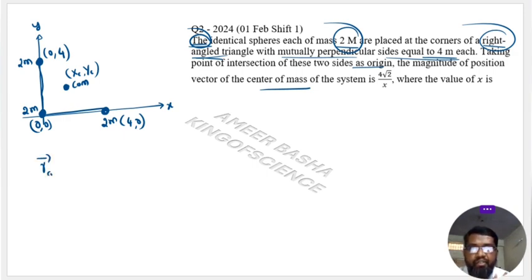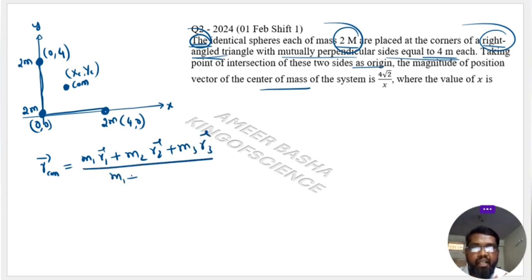The standard definition is simply (m1r1 + m2r2 + m3r3) divided by (m1 + m2 + m3). All are of the same mass, so let us pull out the 2m outside.